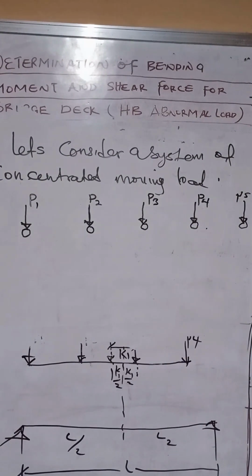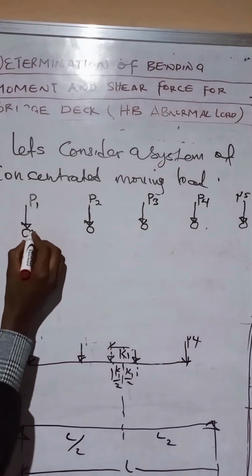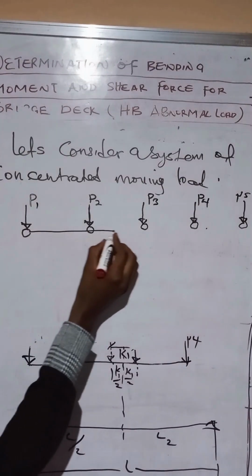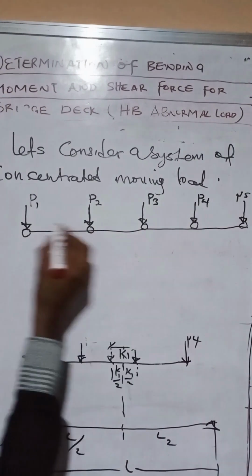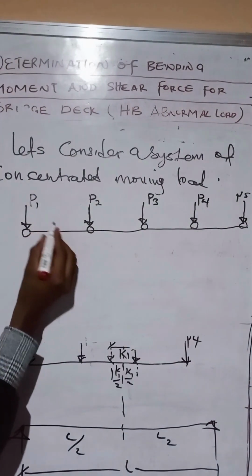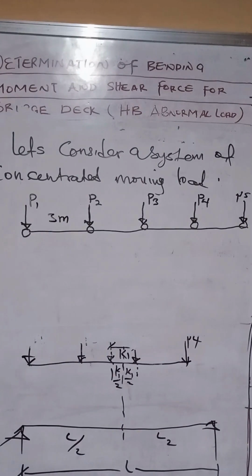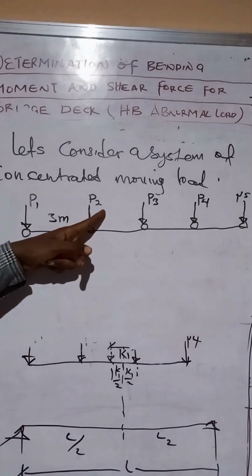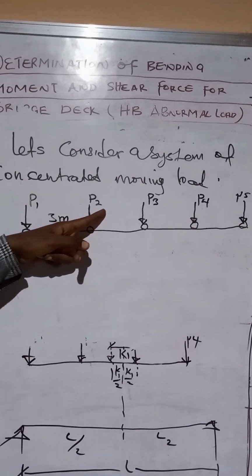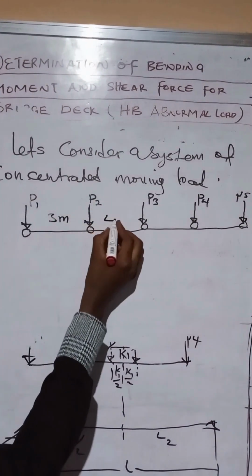Now let's look at the distances between the loads. The first distance we have here to be 3 meters. Okay, we have here to be 4 meters.